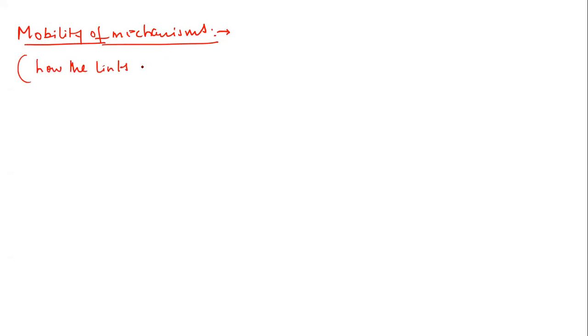Now we are going to discuss mobility of mechanisms. Till now, we discussed the mobility of kinematic pairs. Mobility, or you can simply say the movability. In simple words, mobility means how the links are going to move relative to each other.